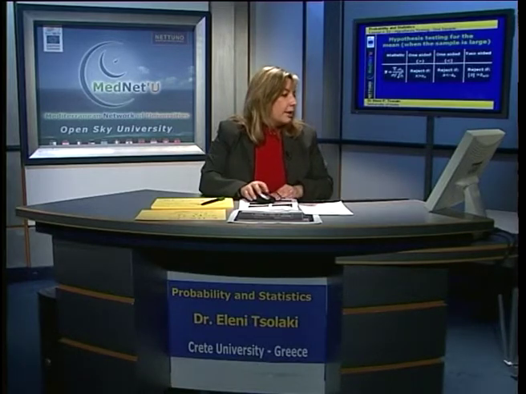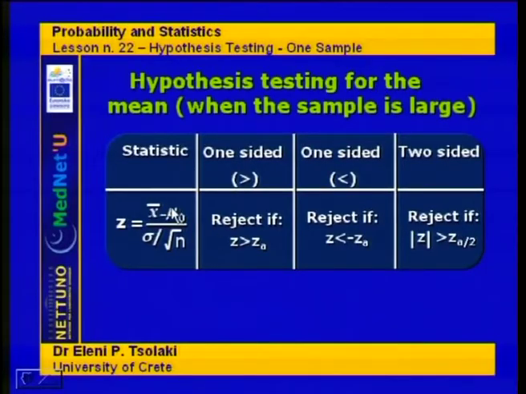So our table here has three cases, as we said: the one-sided for testing greater than, one-sided for testing less than, and the two-sided.